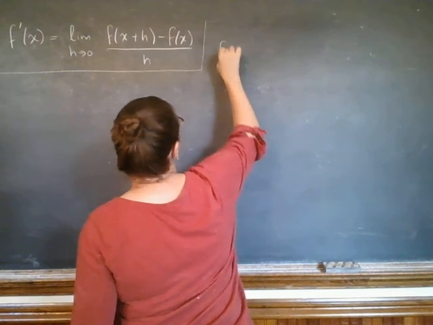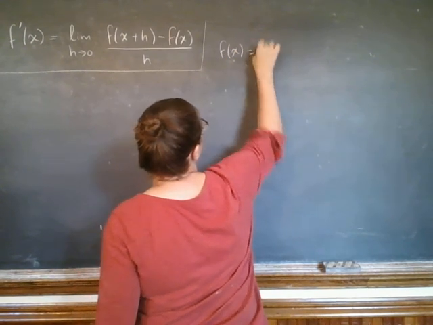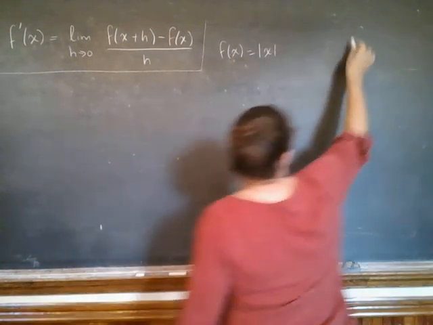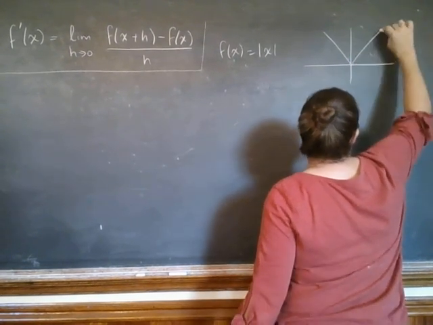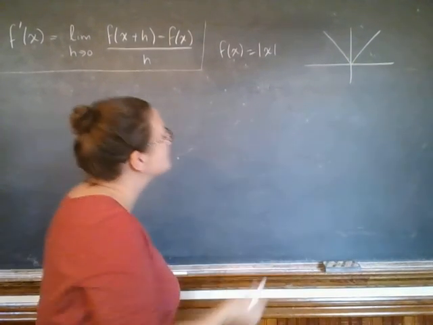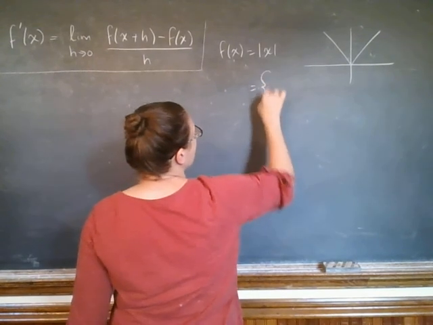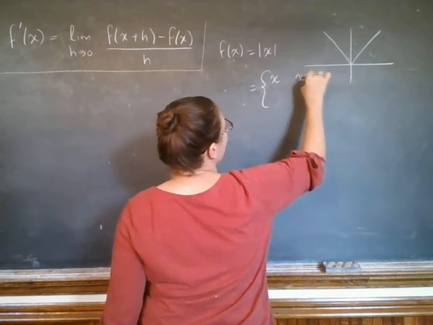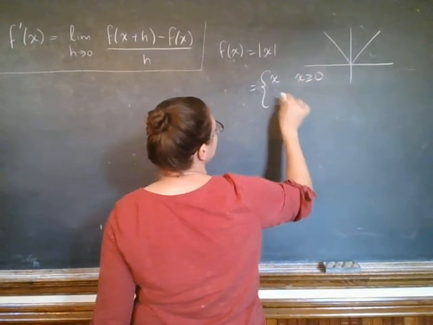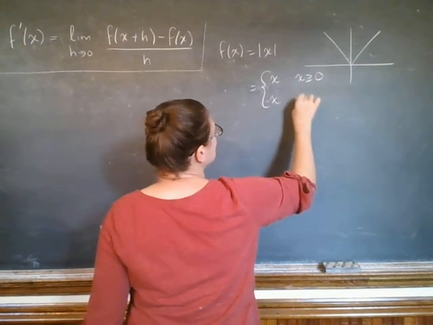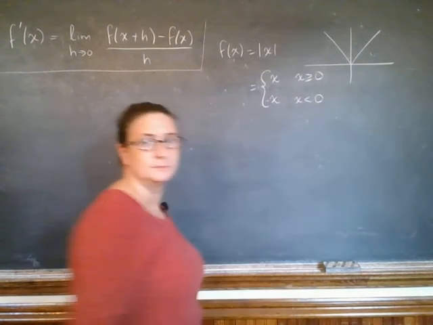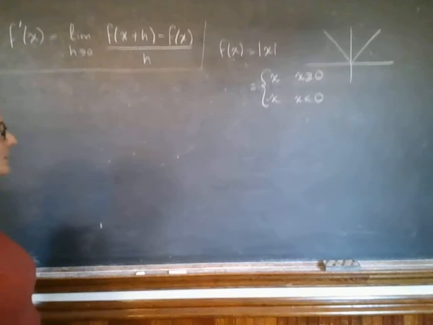So graphically, if I look at the absolute value of x, we know what this looks like, right? There it is. So it's x for x positive, and I'm just going to put the 0 in there. And negative x for x negative. So, there we have that.